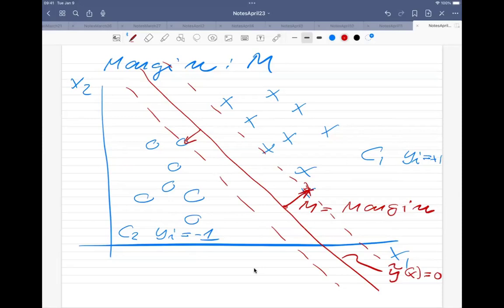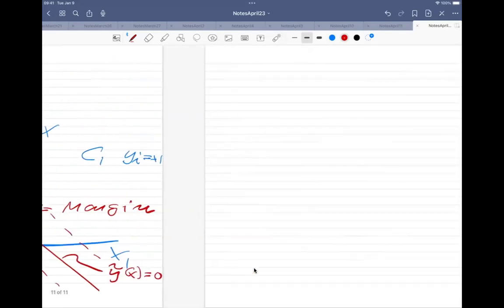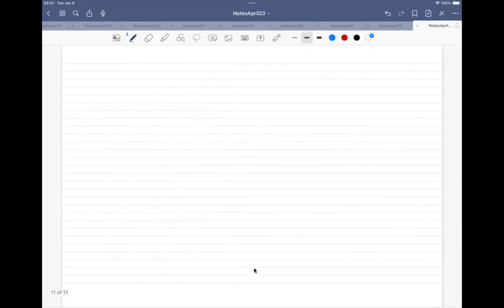So what we want now is to find a margin which is going to give us the following.